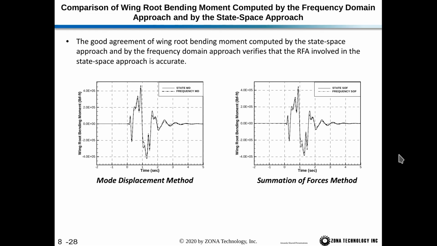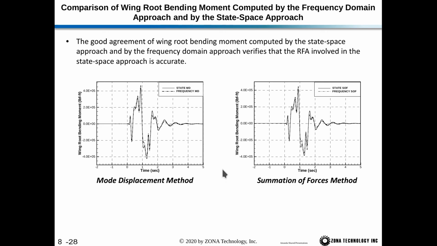Now the good agreement of the wing root bending moment computed by the state space approach and by the frequency domain approach verifies that the RFA involved in the state space approach is accurate. So just as a reminder, if you do some sort of controller design external from ZAERO, of course you're going to be relying on the RFA.